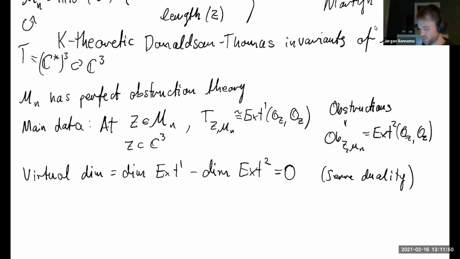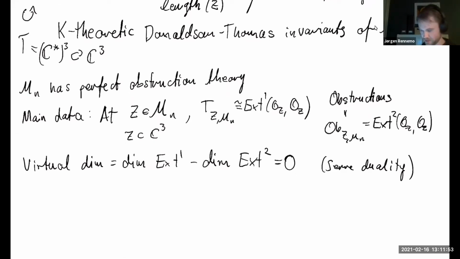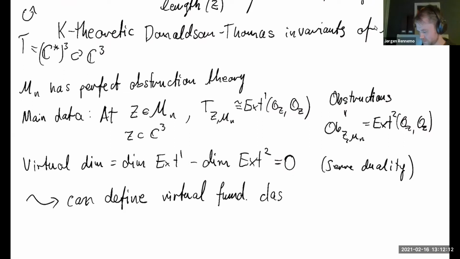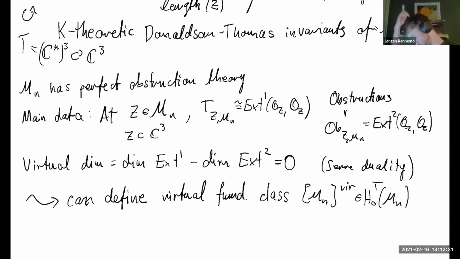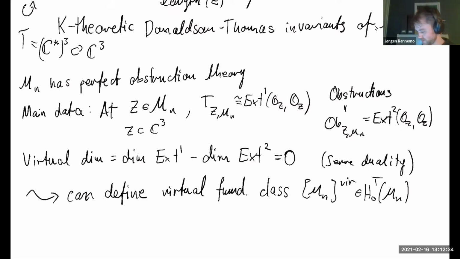Okay, so what you do once you have this? Well, you can then apply some mid-90s technology to define the virtual fundamental class, some class living in H0, T-equivariant, because T acts on everything, of Mn.